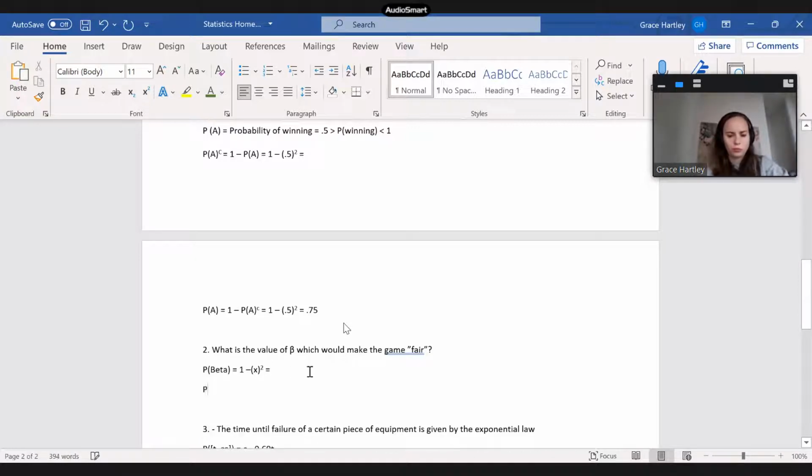For example, when beta equals 0.4, my probability would be 40%, right? So now what I'm going to do is I just assume the probability of the complement equals p. So I would set up my formula like 1 minus p squared equals 50%.